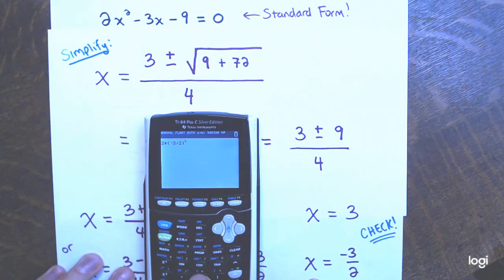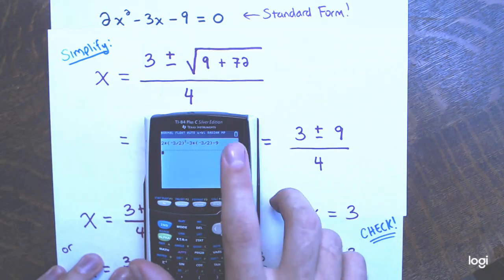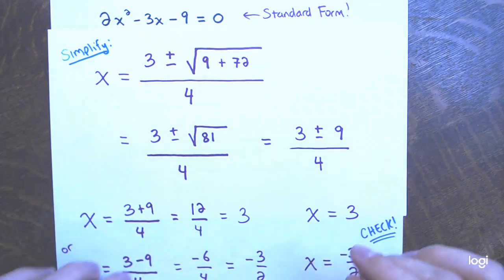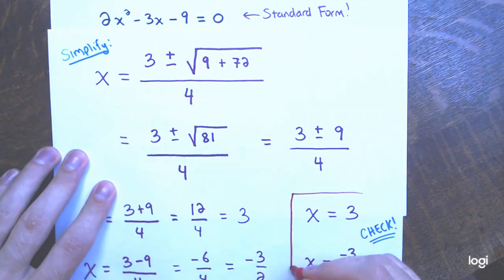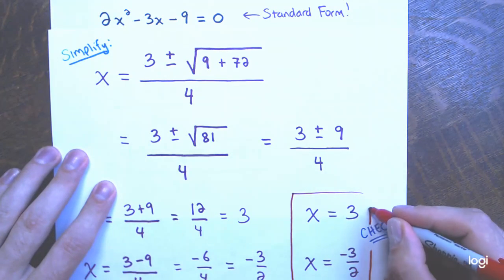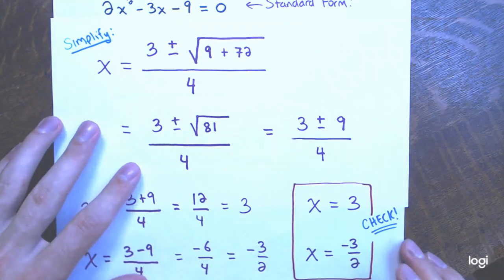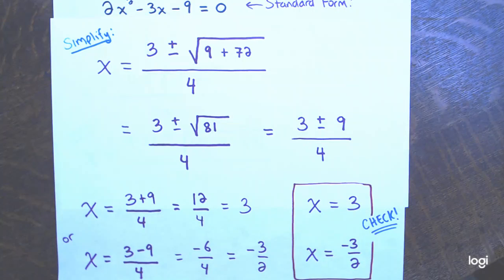Then minus 3 times negative 3 halves, and then minus 9, and hopefully that gives me 0. And look at that, indeed it does. So negative 3 halves also works. So I'm going to put these in a box, right? These are both good solutions to my original equation. Wonderful.